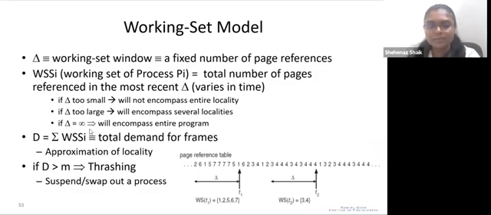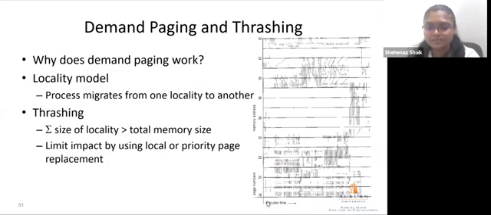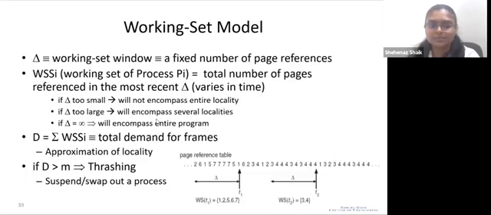And of course, if delta is set to infinity, or in other words, if we consider the entire time that the process is executed to identify all the set of pages which are accessed by the process, then of course it includes the entire process address space. It encompasses the entire program. Okay? So that is one extreme situation.